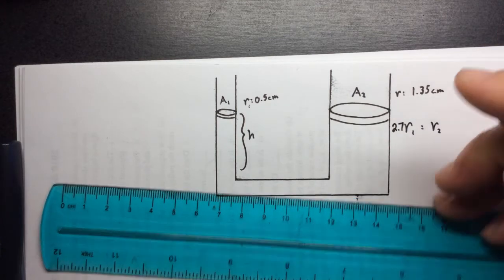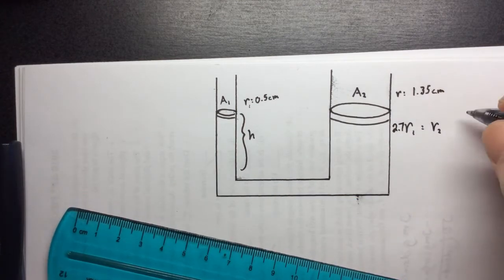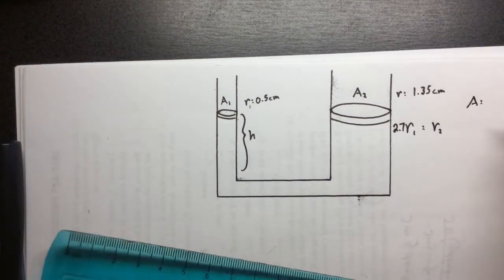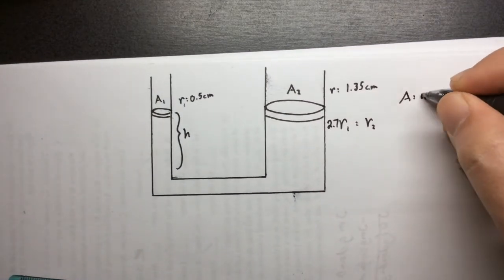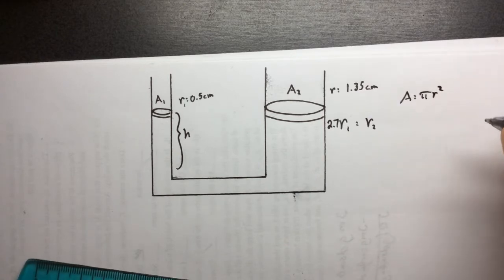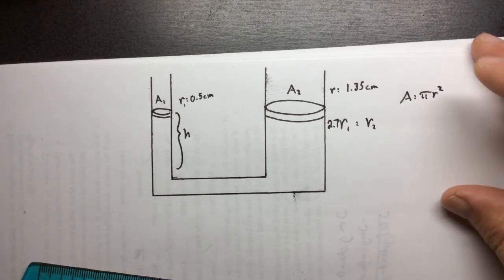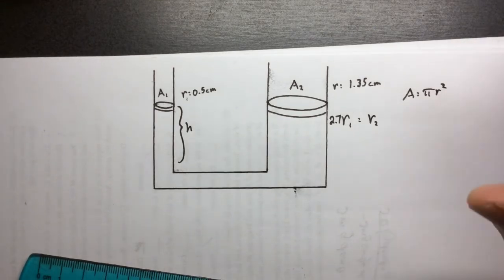Okay? Now what that does for our area here: remember the area of this shape is going to be pi r squared. And so if we were to put in a radius that is 2.7 times bigger, that is not equal to an area change of 2.7.